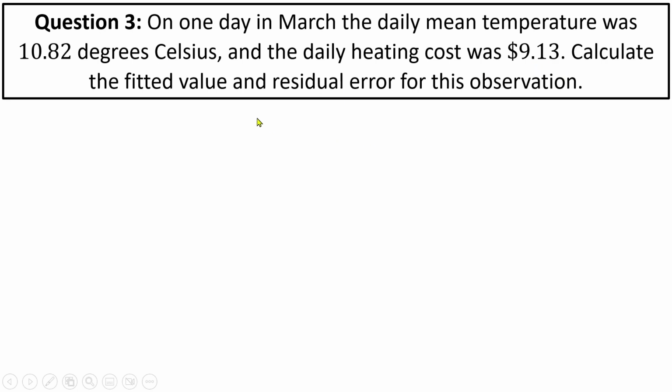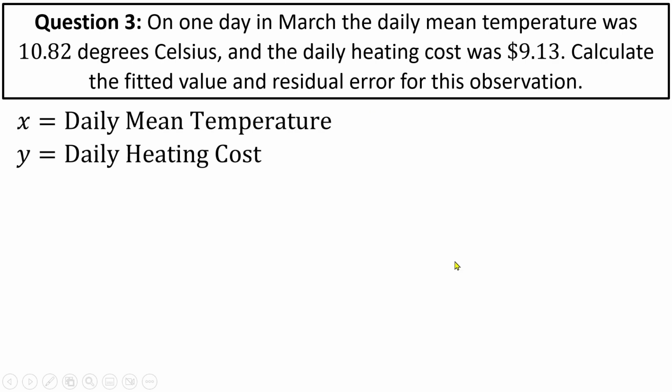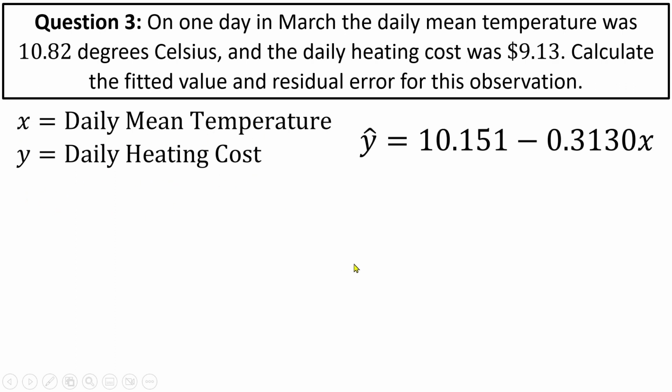And we're going to calculate the fitted value and residual error for this observation. So again, it's good to remind ourselves that X is the predictor, the daily mean temperature, Y is the daily heating cost, and we have our linear equation.